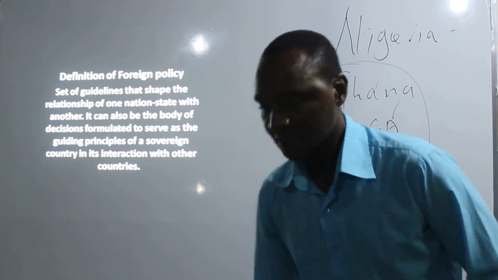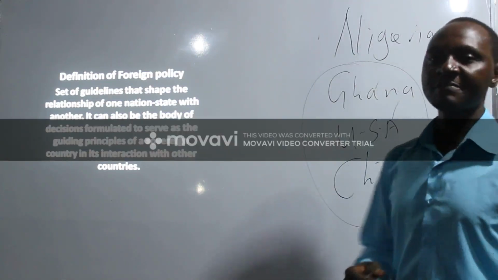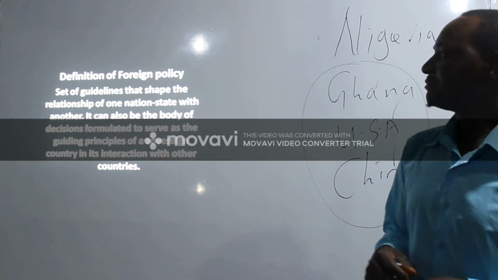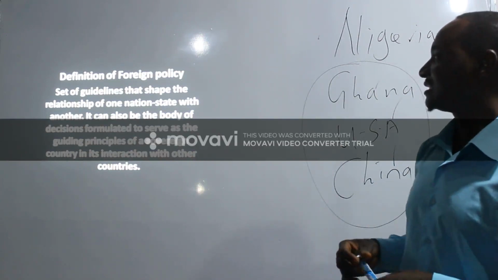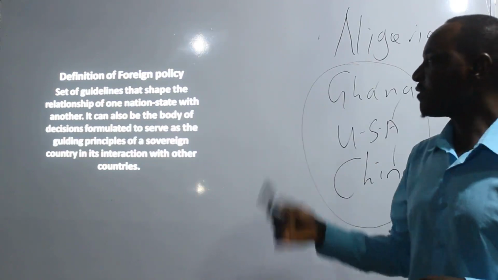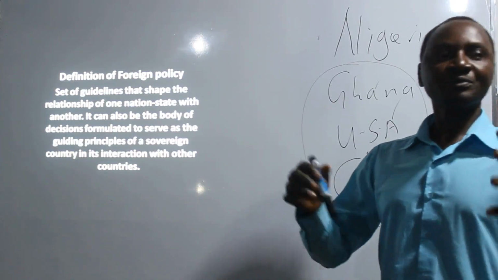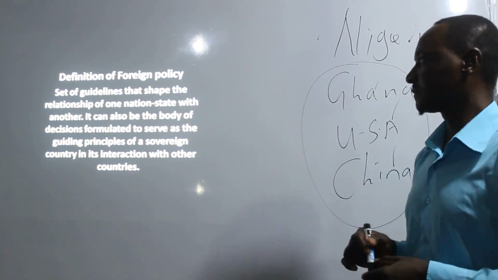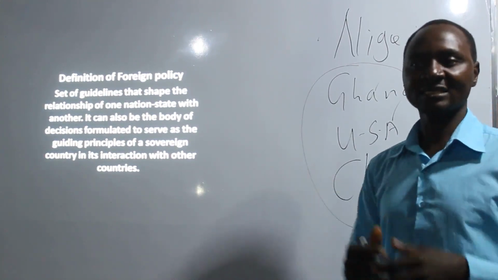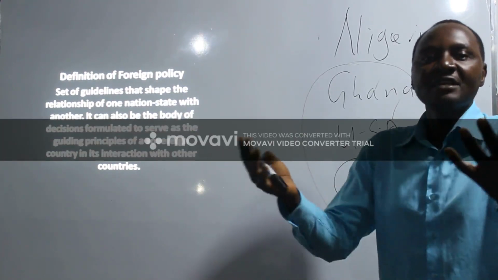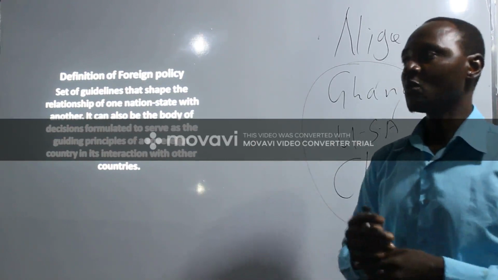Now, let's look at the definition of foreign policy. We said foreign policy can be defined as a set of guidelines that shape the relationship of one nation state with another. Different nations of the world have their guidelines, they have their decisions as they relate with different countries of the world.